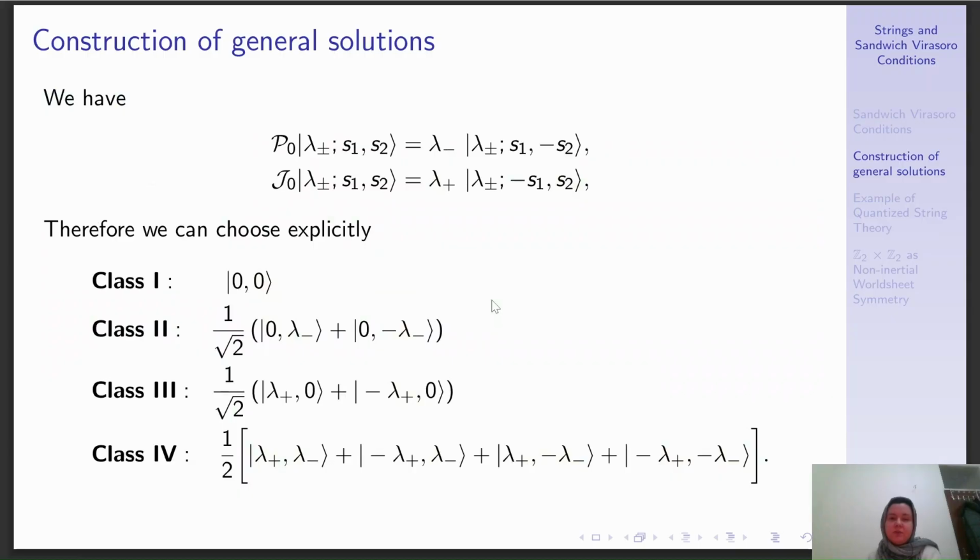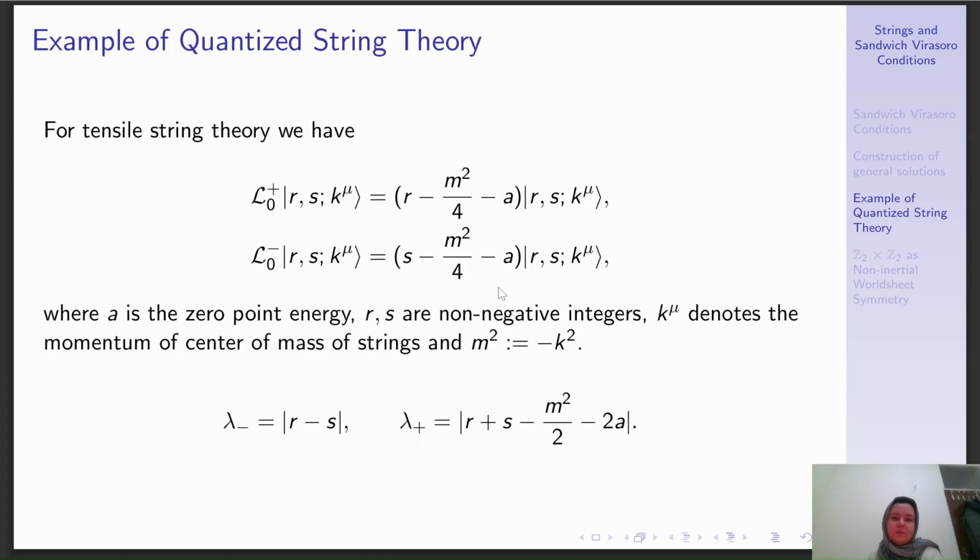And this specific choice is useful because we see that the action of P0 necessarily changes the sign of S2 and J0 the sign of S1, and we can write our different classes of states as a sum of these specific choices that we had for the physical states according to whether lambda plus or minus are 0 or non-zero.